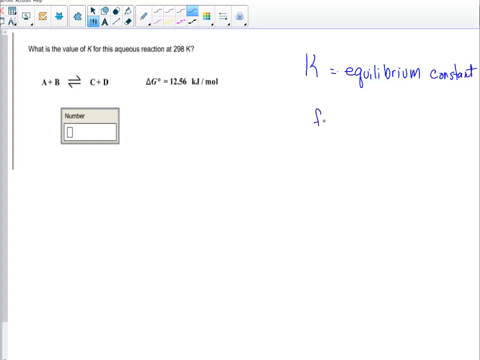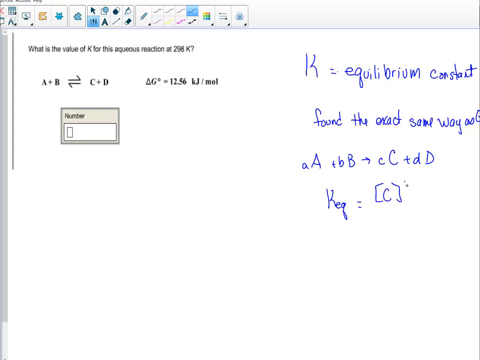It is found the exact same way as writing Q. So if we had a reaction A plus B goes on to make C and D, the equilibrium constant would be the products raised to their coefficients over the reactants raised to their coefficients.